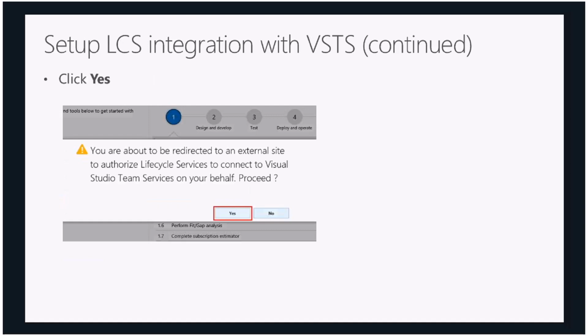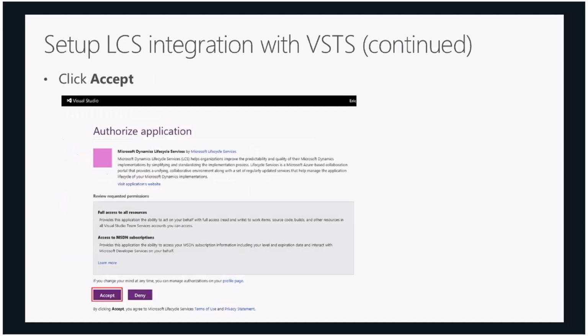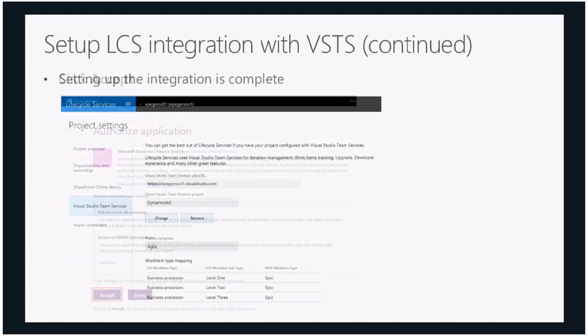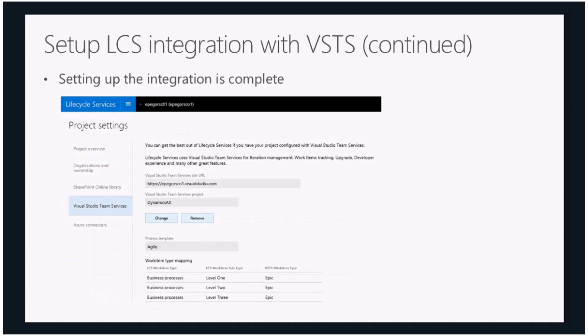You can click yes. And this is where you would see the authorized application where you can accept. And once you get back to your project settings, Visual Studio Team Services, what you would see is that your setup of integration between the LCS implementation project and your VSTS is complete.